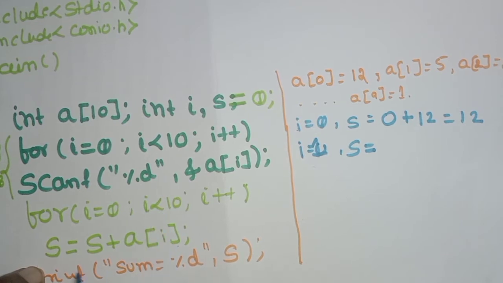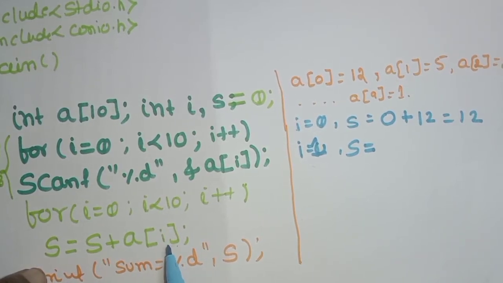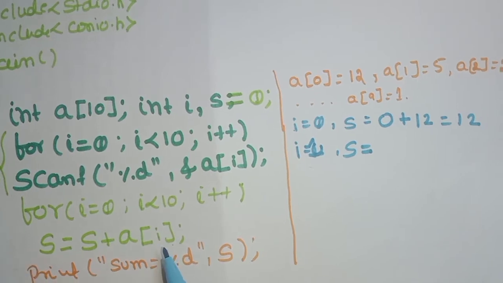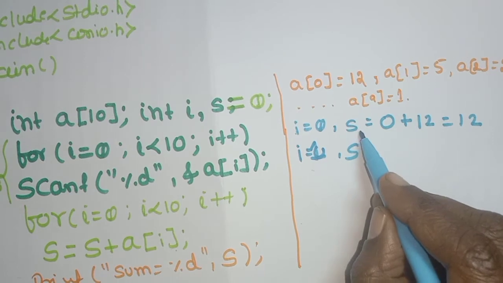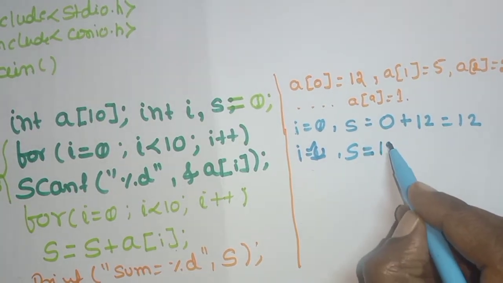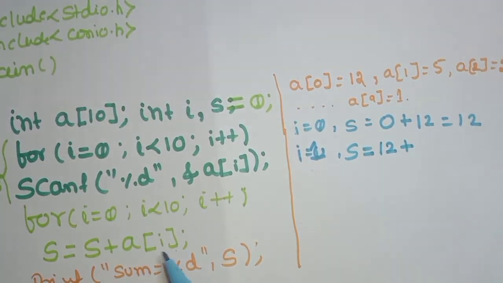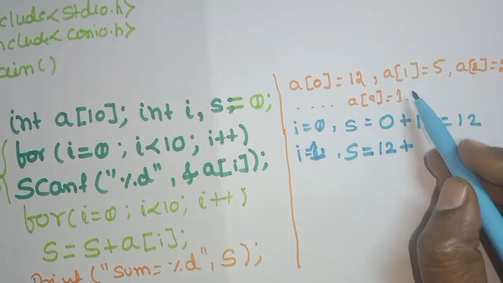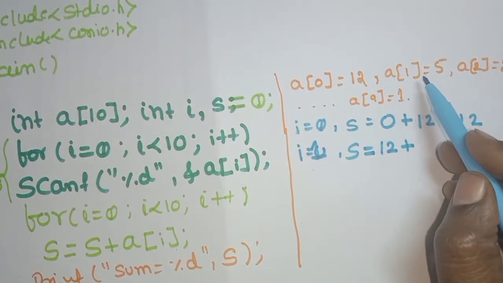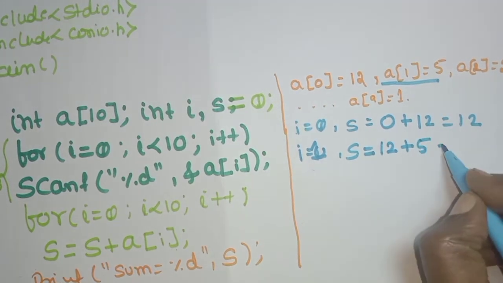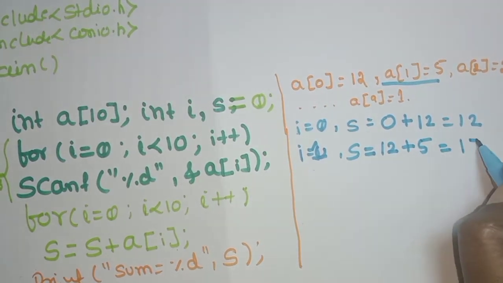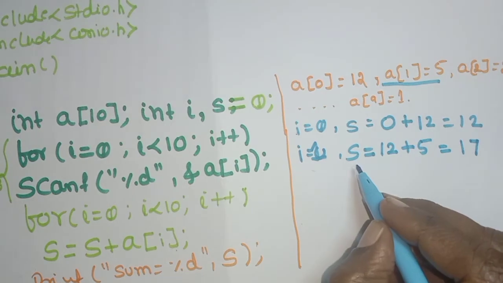When the condition is true, s is equal to s plus a of 1. s takes its previous value, that is 12, plus a of 1. What is the value of a of 1? a of 1 is equal to 5. It will take the 5 and the sum, 17, is stored in s.